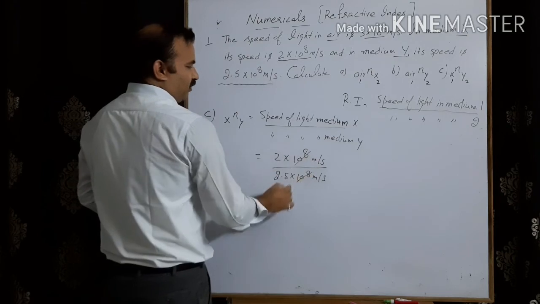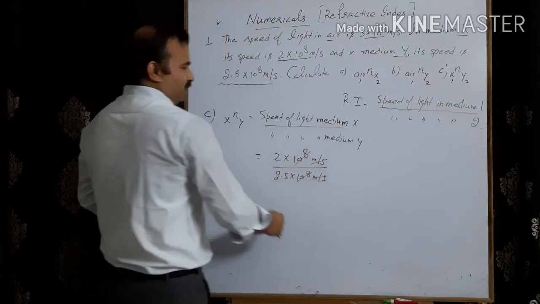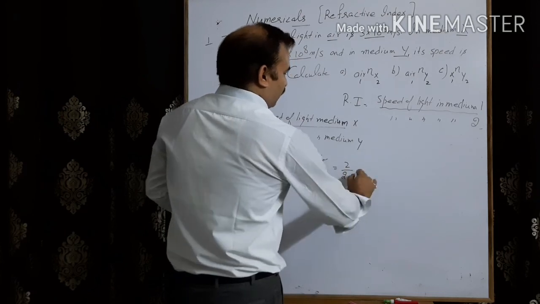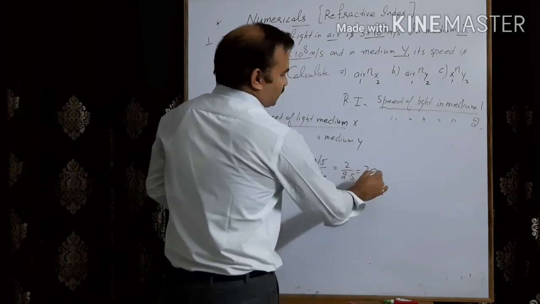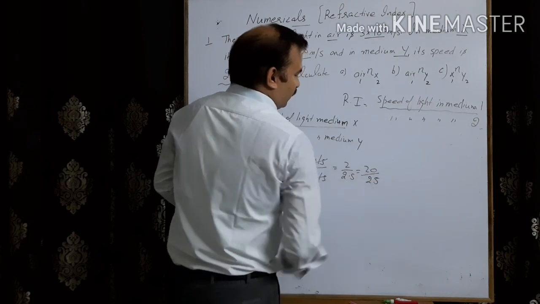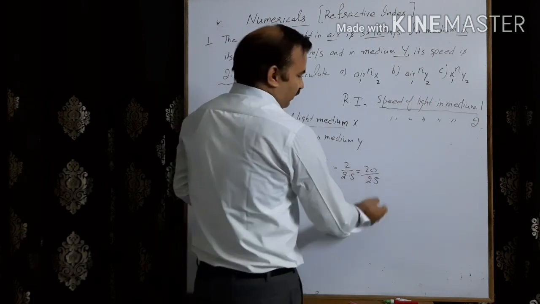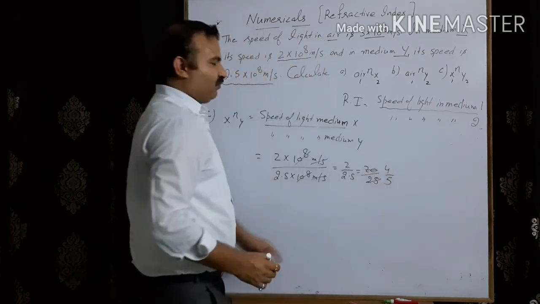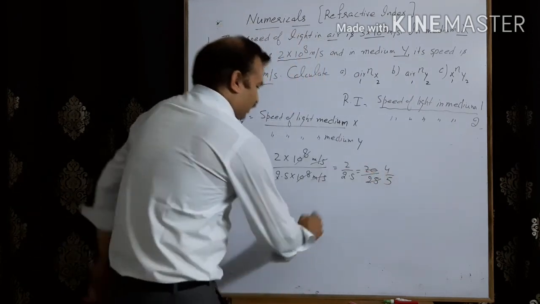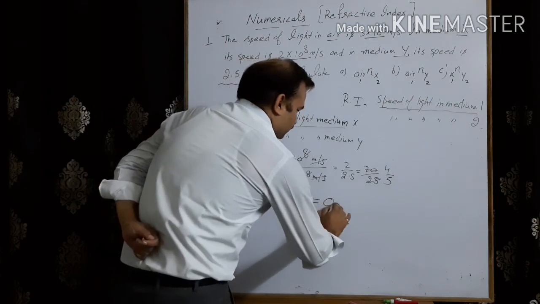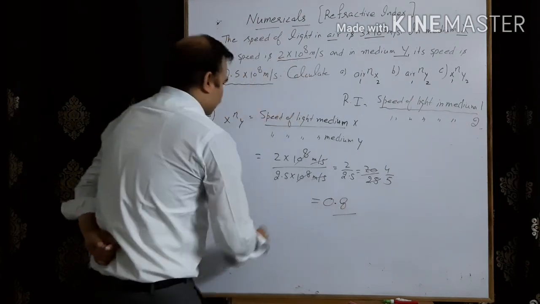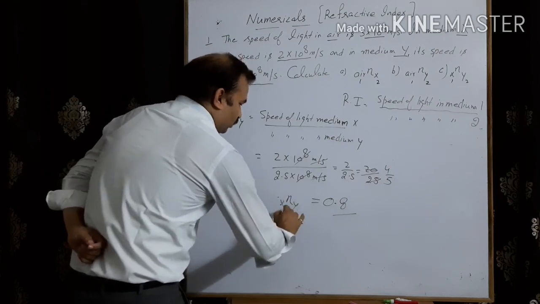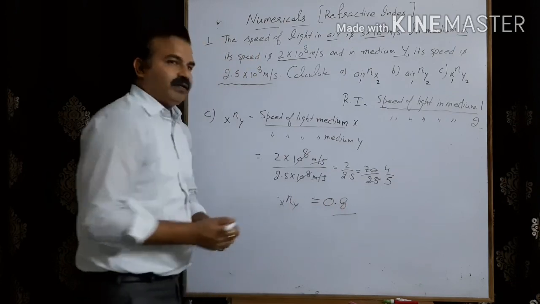Again 10 raised to power 8 got cancelled, unit also got cancelled. This becomes 2 upon 2.5, or removing the decimal, this will be 20 upon 25. Let us divide with 5. 5 fours are 20, 5 fives are 25. And we divide, 4 by 5, answer comes out to be 0.8. So it means refractive index of medium Y with respect to X is 0.8.